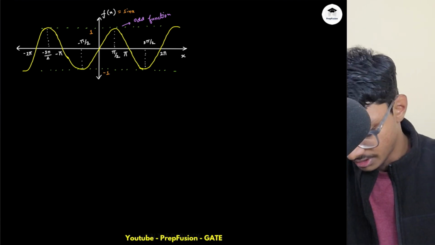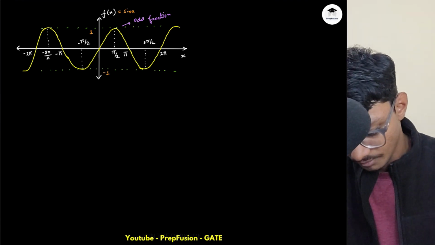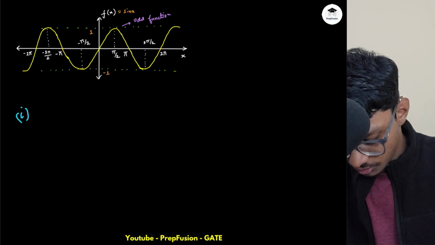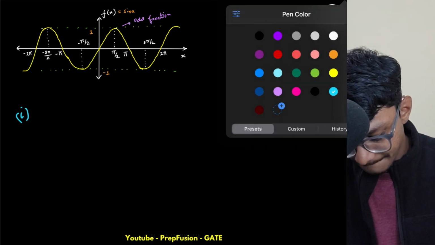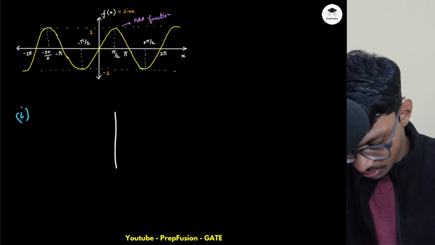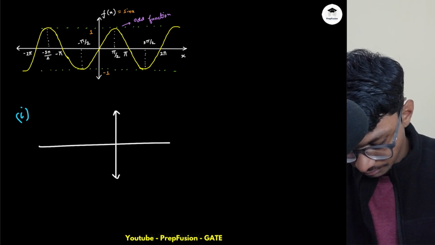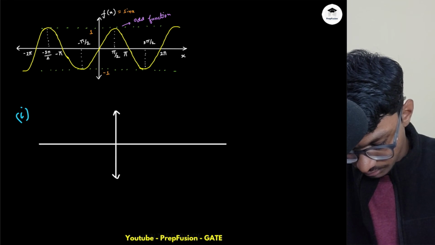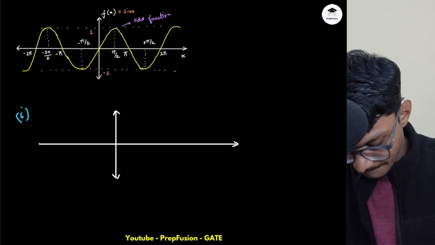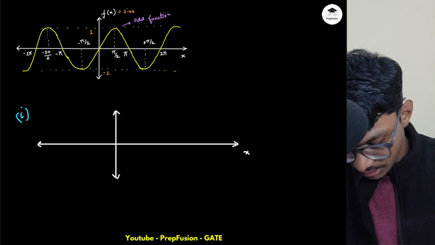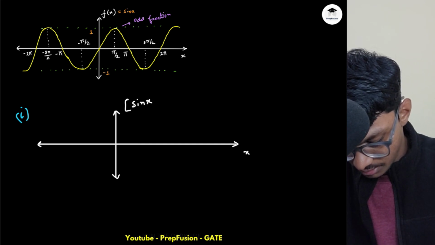So let's plot the graph. If I just draw the axes, this is x and this is the greatest integer function of sin x.